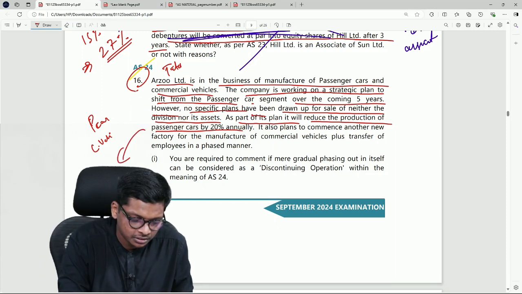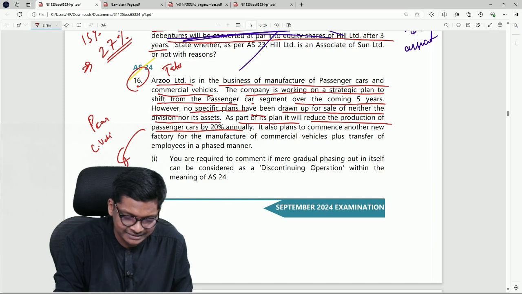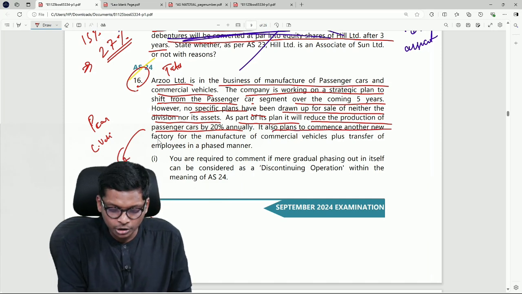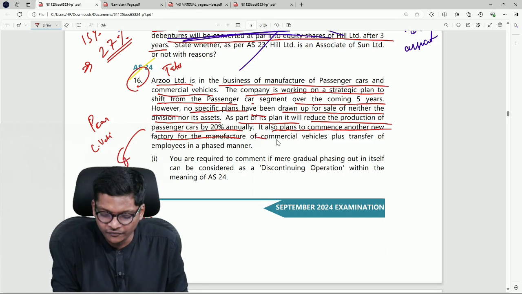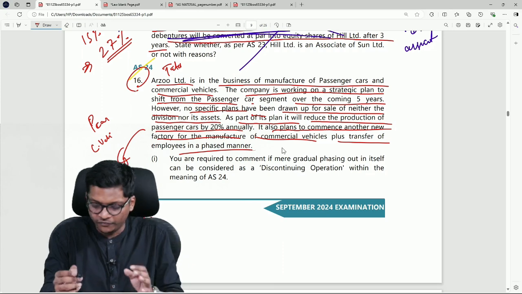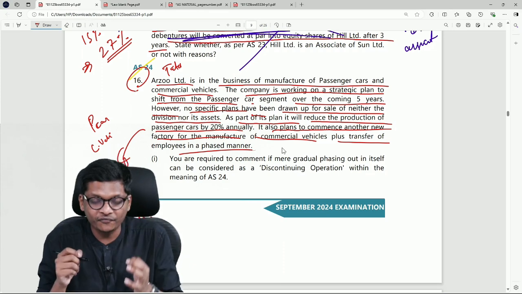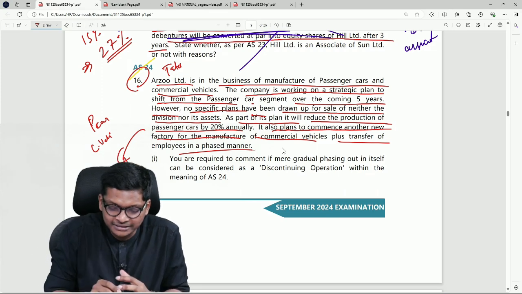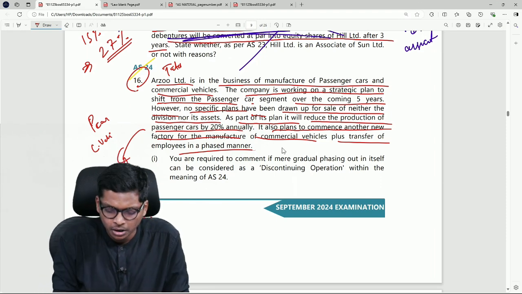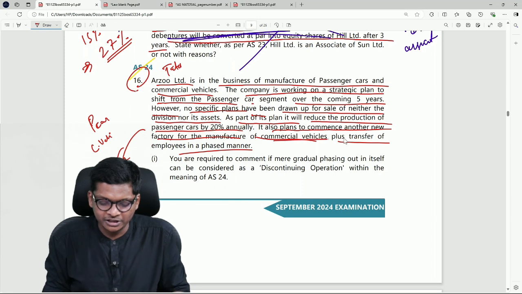That means gradual or evolutionary phasing out. It also plans to commence another new factory for the manufacture of commercial vehicles plus transfer of employees in a phased manner. So, phased manner, they are setting up a new factory for commercial vehicles.